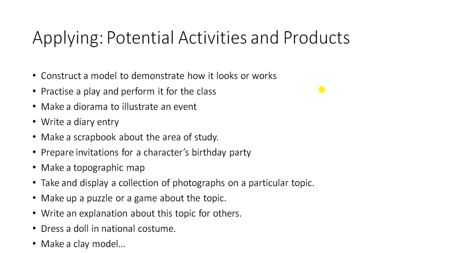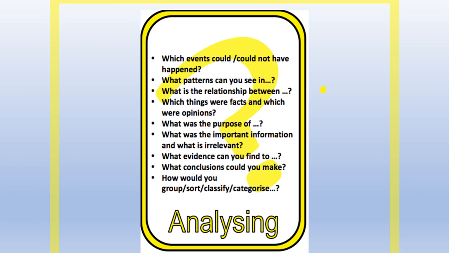Make a topographic map. Take and display a collection of photographs on a particular topic. Make up a puzzle or a game about the topic. Write an explanation about this topic for adults. Dress a doll in national costume. Make a clay model. So these are some of the potential activities that we can see.